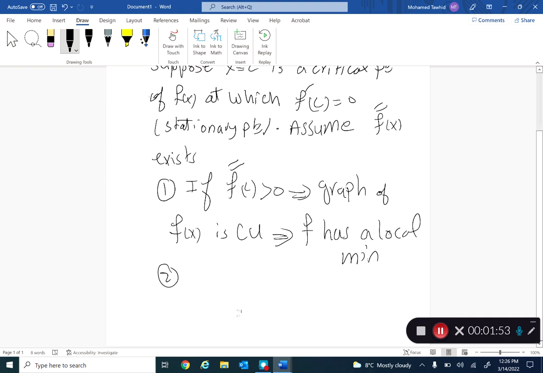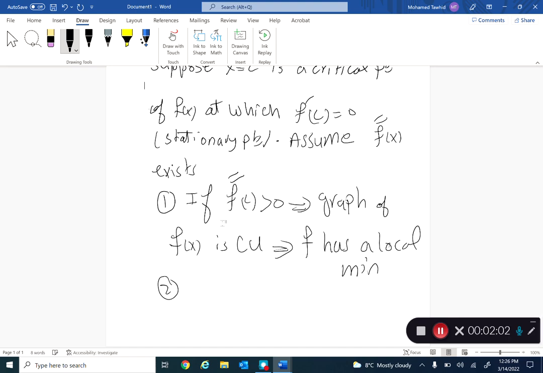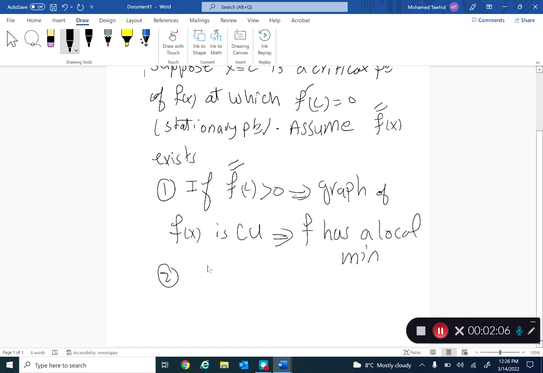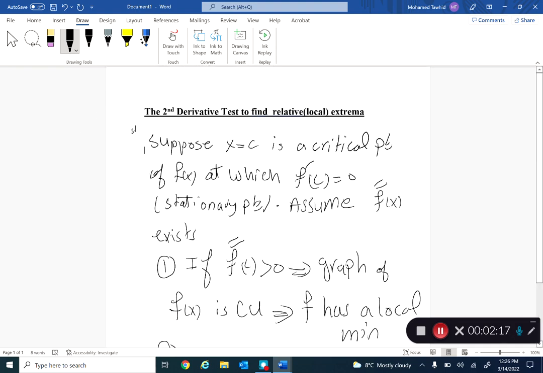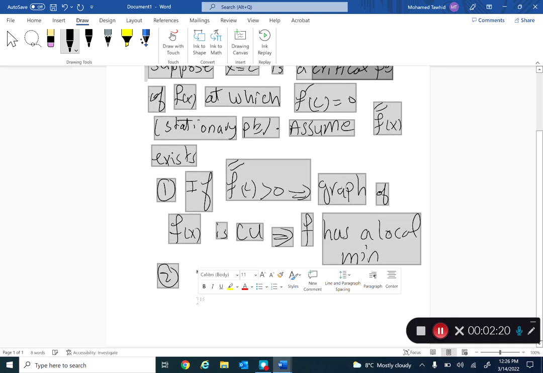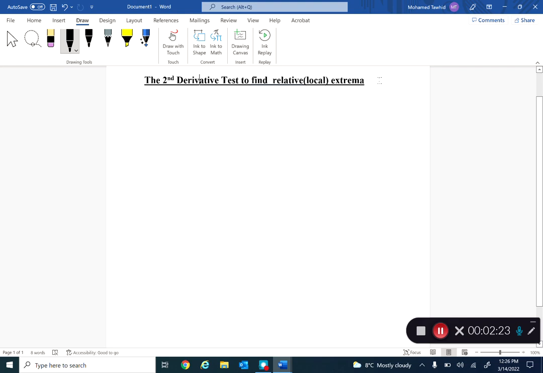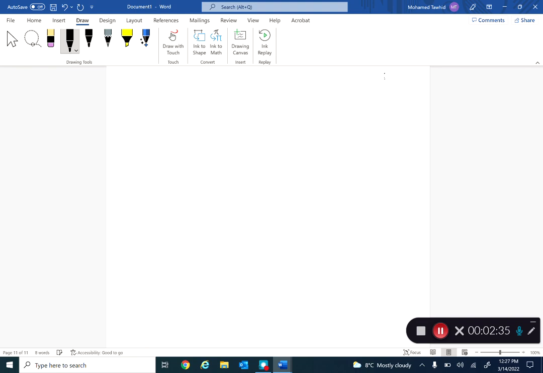All right, so what is the second case? Let me give myself some space here. I will write the test and then we can do the whole thing.